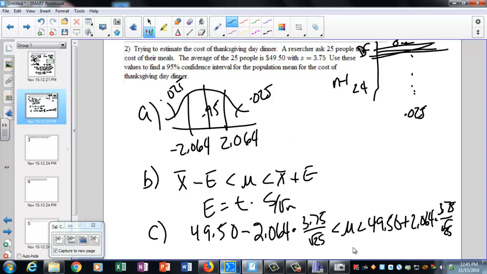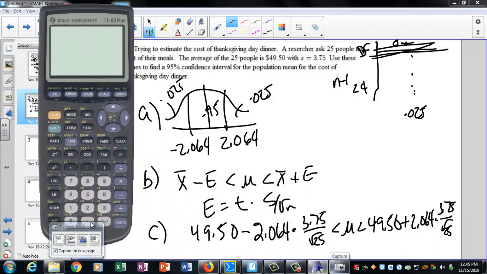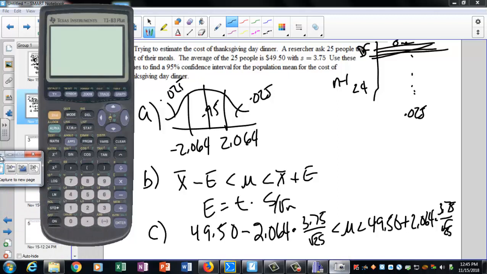Now, I'm going to go ahead and type that into the calculator for you. 49.5 minus 2.064 times 3.75 divided by the square root of 25.